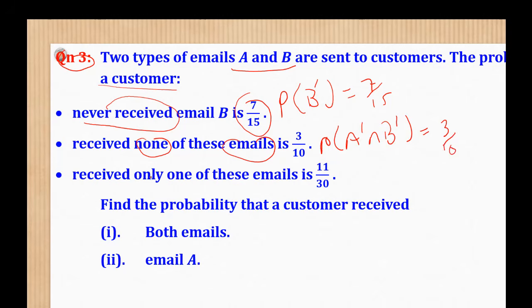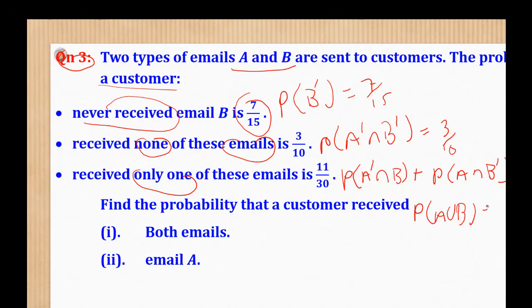Then received only one of these emails. Only one, you can write in 2 ways. One can be this. This means B only or A only. Another one can choose to say A union B minus A intersection B. That is still okay. So whatever you prefer to use, it is still okay.